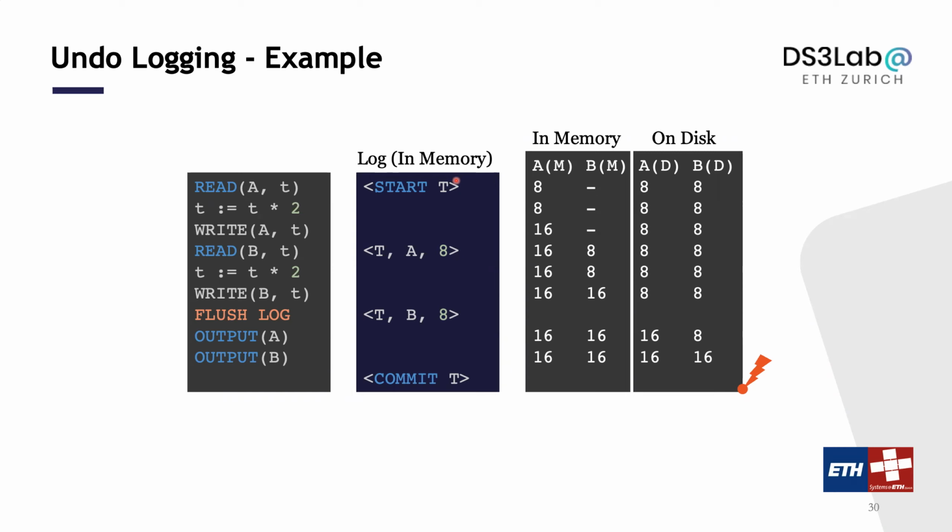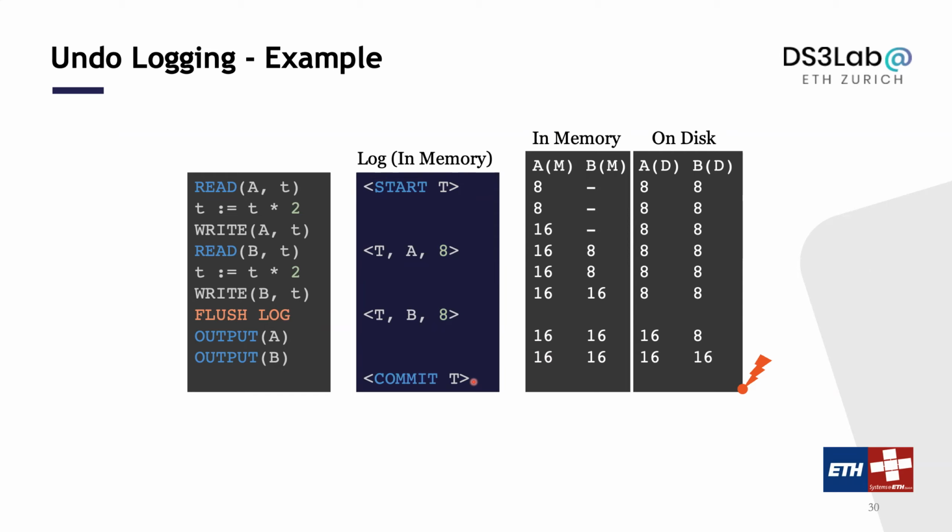Everything in the log is gone. Essentially in my log file, I only have these 3 records because I already flushed them. So these 3 are on the hard drive when we restart the system. The last record, commit T, is not there because it's only in memory. I haven't flushed it yet, okay? I was just about to flush it, but the system crashes. In this case, if you open it, you only see the 3 records.